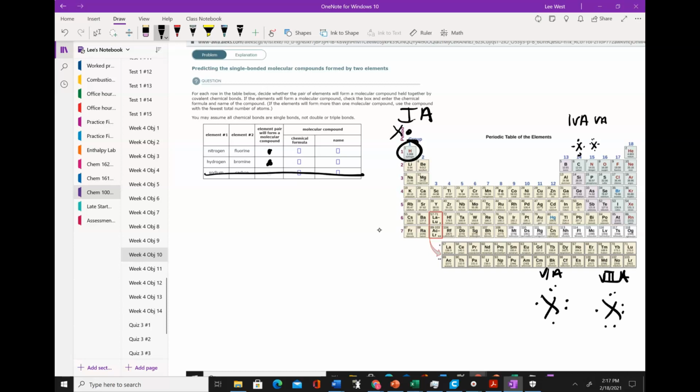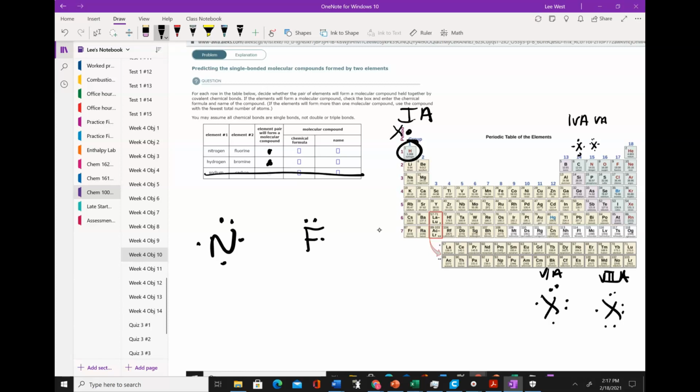Now, what we want to be on the lookout for is that the number of unpaired dots around the symbol indicates the number of bonds that it likes to make. So nitrogen's in group 5A, so it gets 5 dots. 1, 2, 3, 4, 5. And then fluorine is in 7A, so it gets 7 dots.